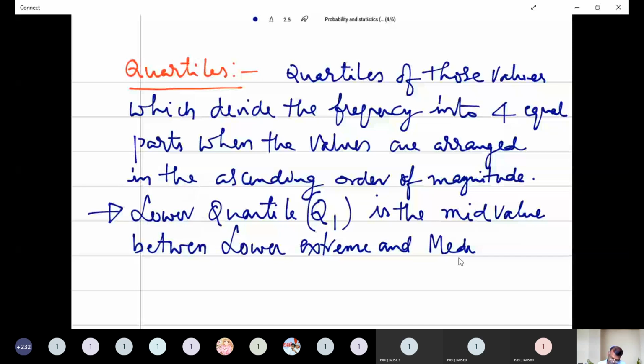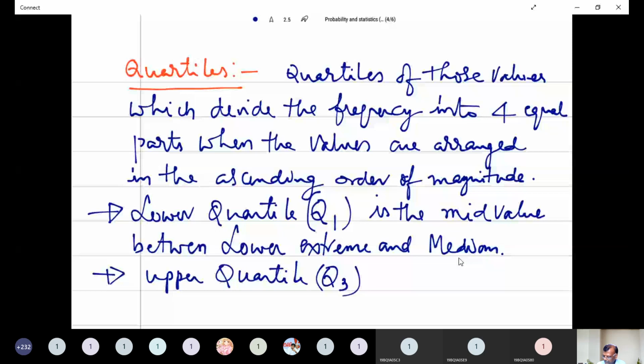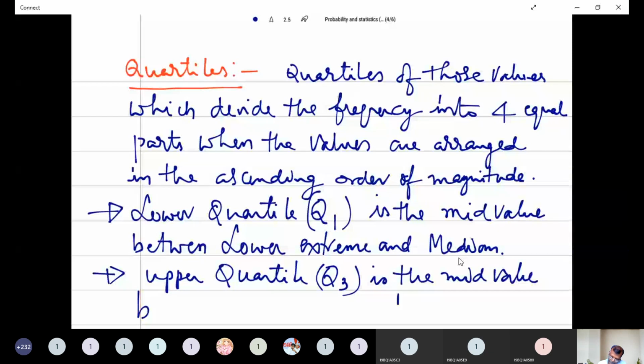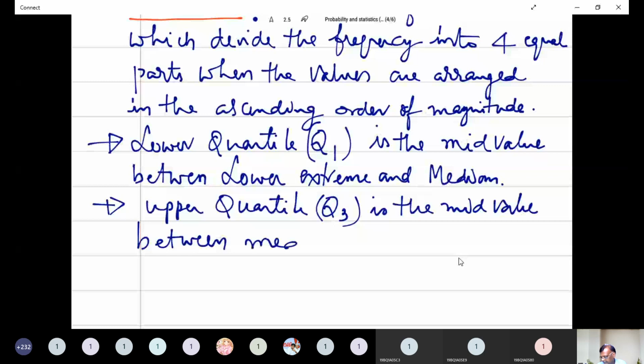And upper quartile Q3 is the mid value between median and upper extreme.